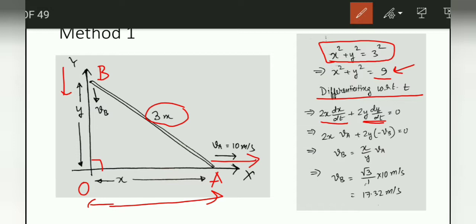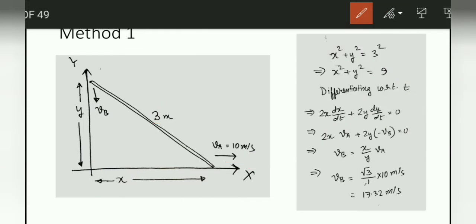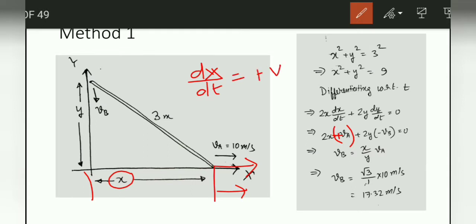Now, what is dx by dt? dx by dt is the rate of change of x. This point is moving this side, so this length x is increasing. So dx by dt will be plus va.